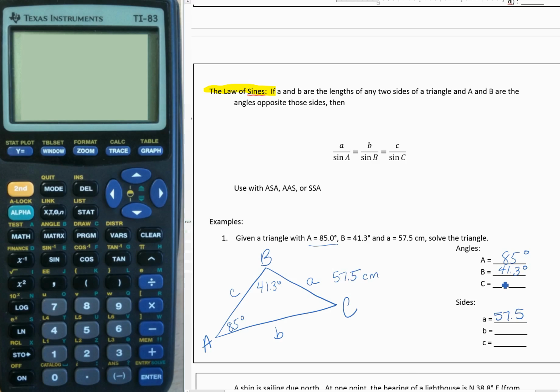Now, angle C is really easy to find. Any triangle's angles add up to 180, so we can take 180 and subtract our other two angles, 85 and 41.3. Okay, and so our last angle is 53.7 degrees.